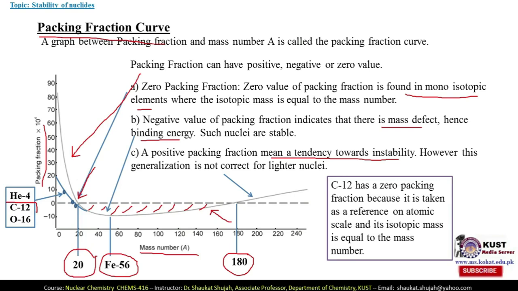Carbon has a 0 packing fraction value because it is taken as a reference on the atomic scale, and its isotopic mass is equal to the mass number. Helium 4 and oxygen 16 have packing fraction values less than their neighbors, so they are more stable.